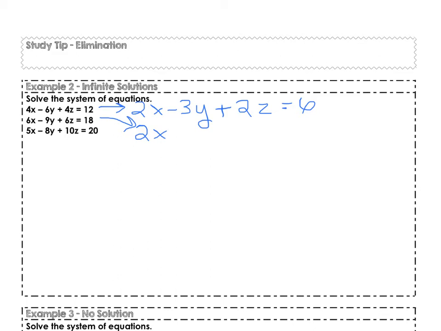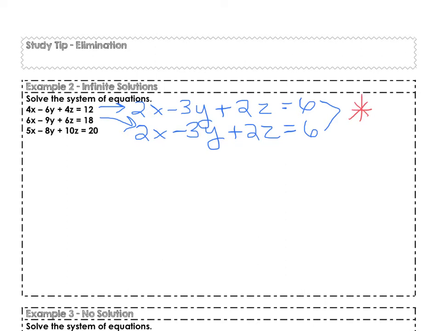Then I'm dividing negative 9 by 3, and I'm going to get negative 3y. And then I'm going to get a 2z, and guess what? 18 divided by 3 is 6. Notice how these two are the same equation. Because they're the same equations, you're going to end up with a pretty good sign that you're going to deal with infinite solutions because they're essentially the same plane.